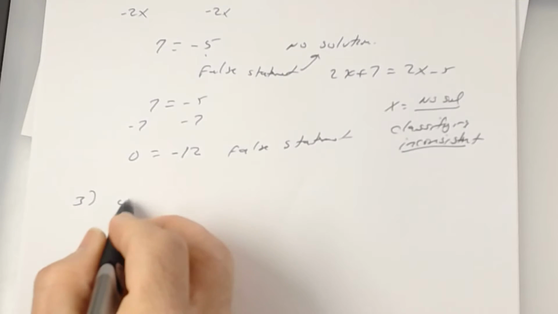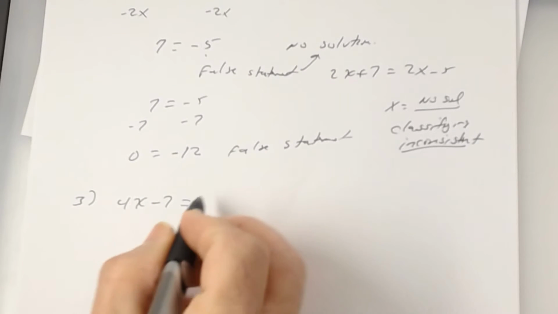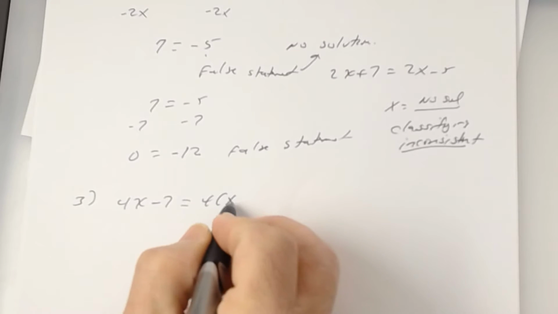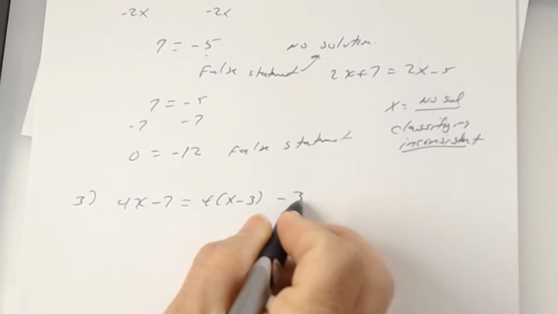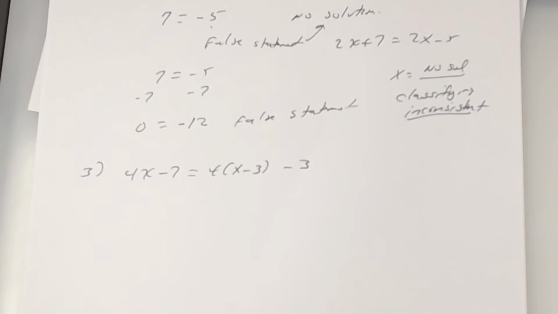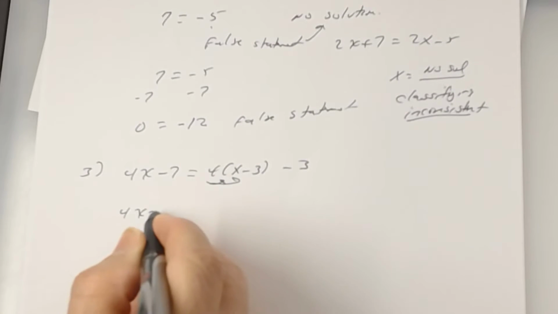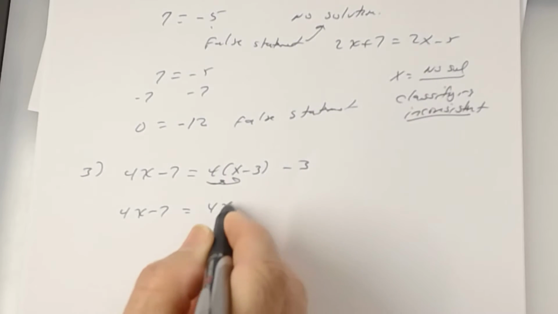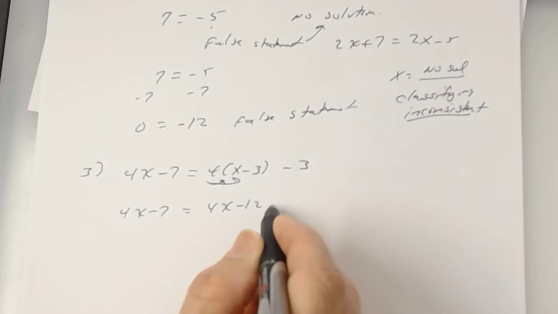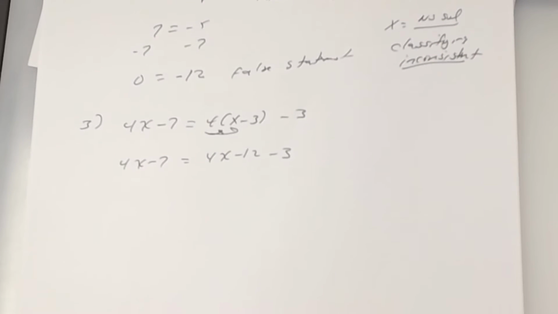Suppose you had 4x minus 7 equal 4 times x minus 3 minus 3. What's the first step? Distribute on this side. So you get 4x minus 7 equal 4x minus 12 minus 3, right?